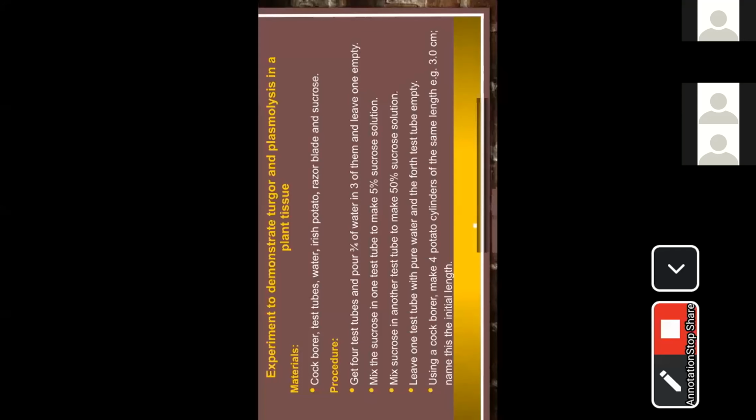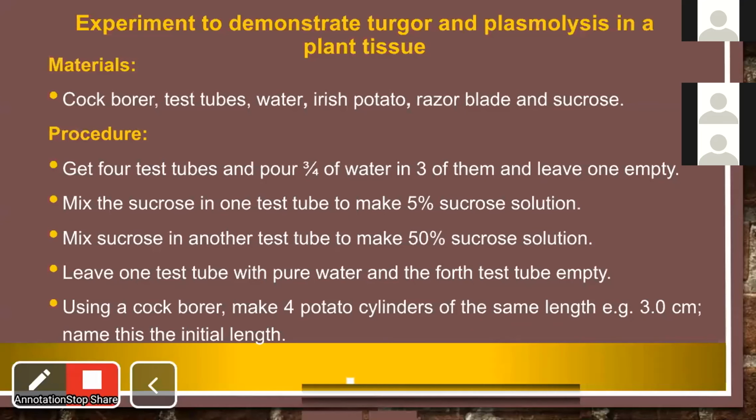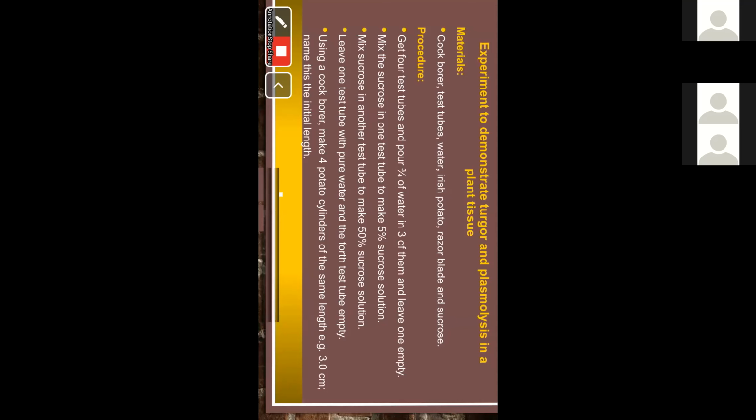So hypertonic solutions tend to extract water from the tissues. Hypotonic solutions tend to give up water to the tissues. Then the third one is isotonic. Iso means the same. So isotonic solution is that whose concentration is similar to that of the tissue which is placed in it.